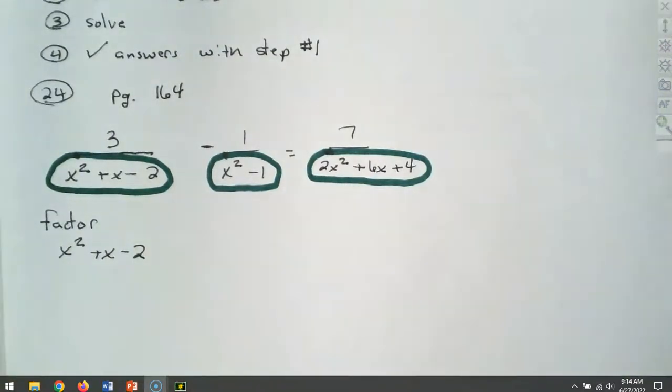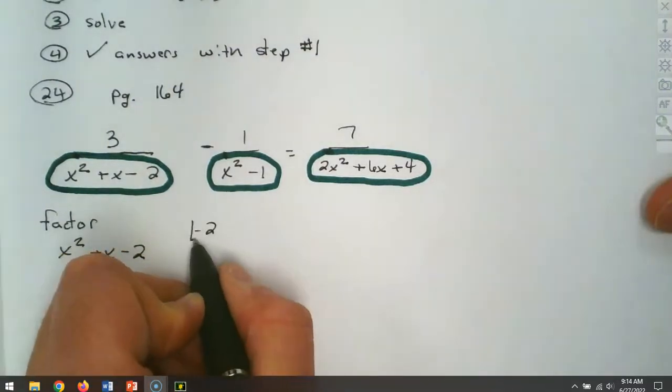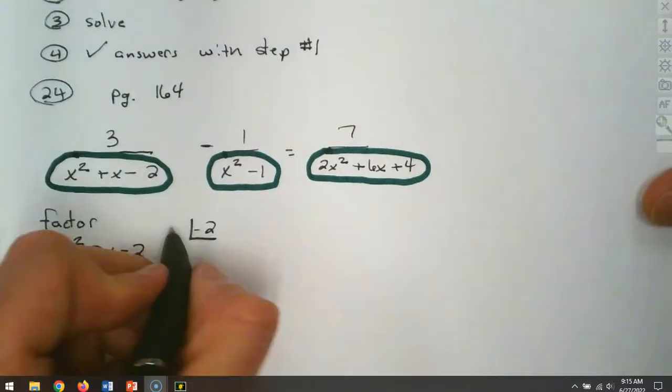We want to factor x² + x - 2. So first times the last is a -2. And if we remember our signs, that -2 is negative, so that means one of them's going to be positive and one of them's going to be negative, and the sign in the middle is positive.